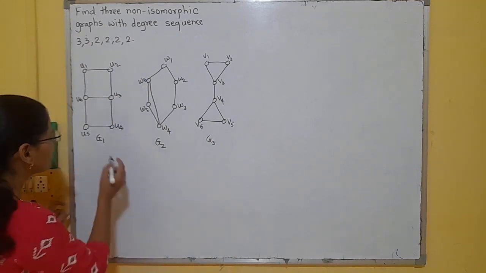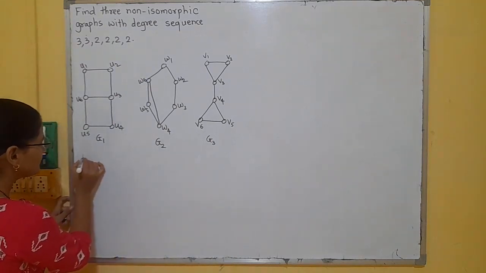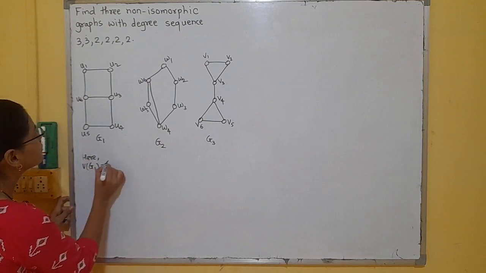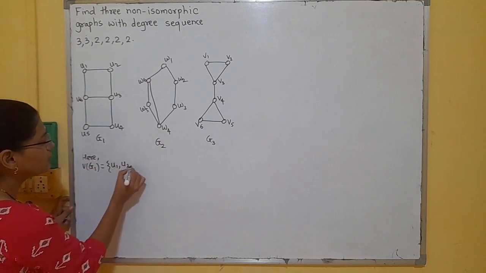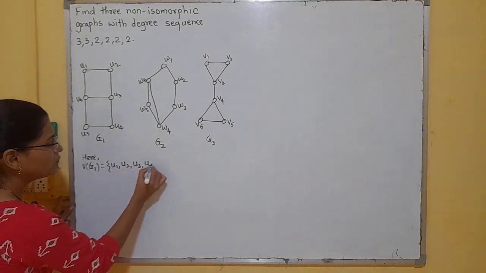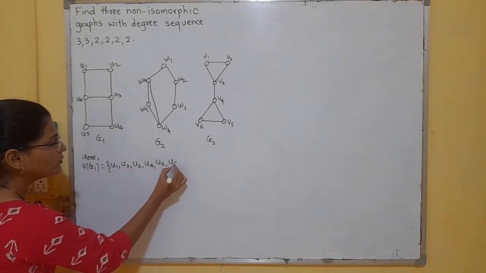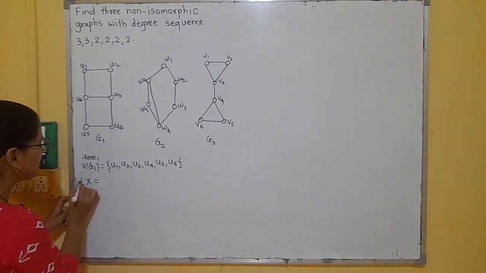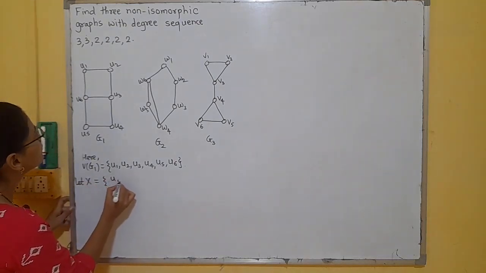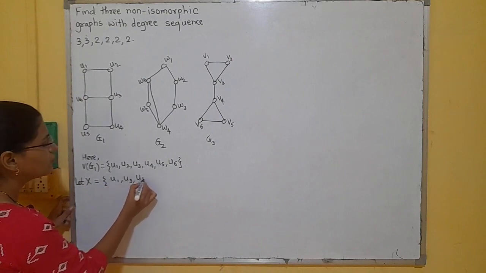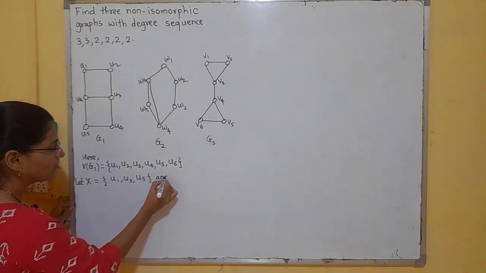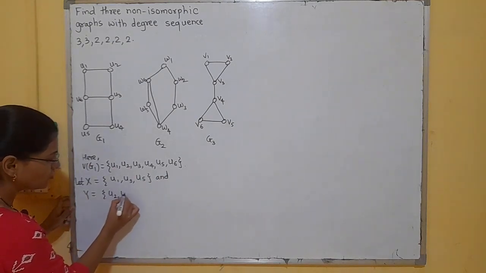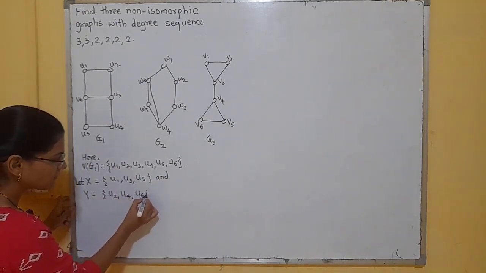We will check. The vertex set of G1 is equal to U1, U2, U3, U4, U5, U6. Let X be equal to U1, U3, U5 and Y be the remaining vertices U2, U4, U6.